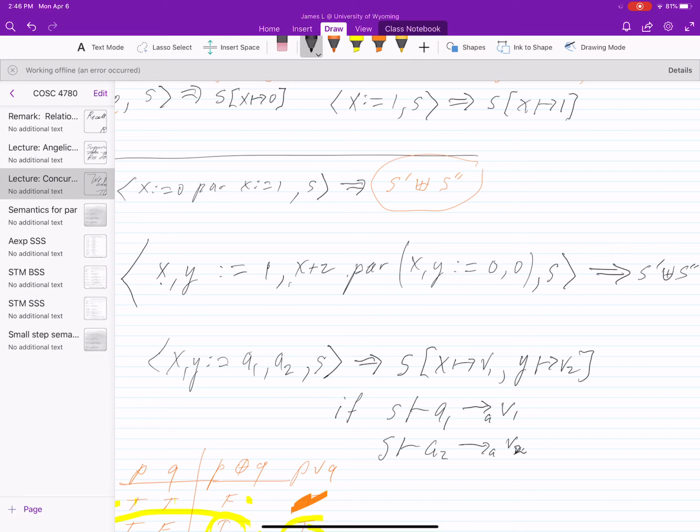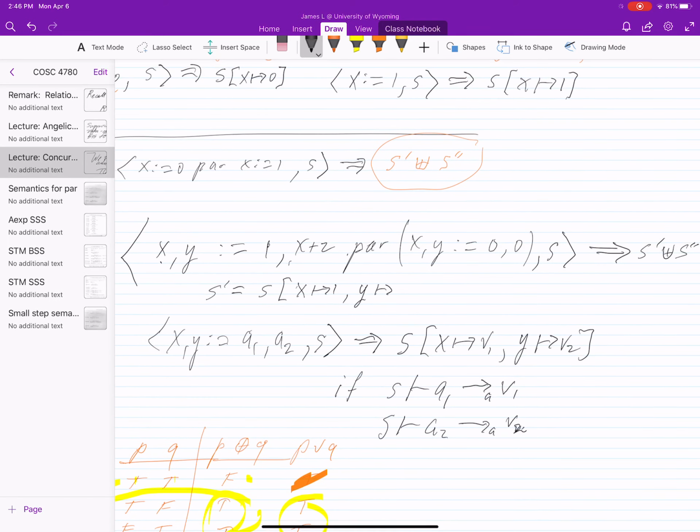But what is S prime? S prime is equal to S, where X gets the value of 1, and Y gets the value of whatever the old S of X was, plus 2.